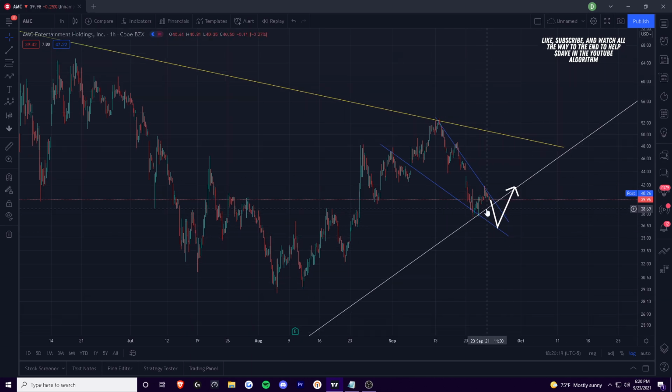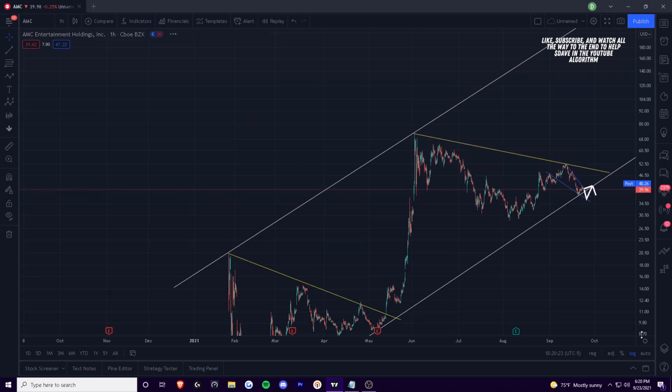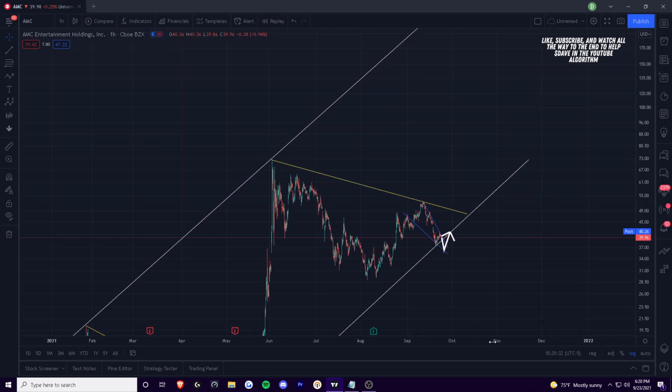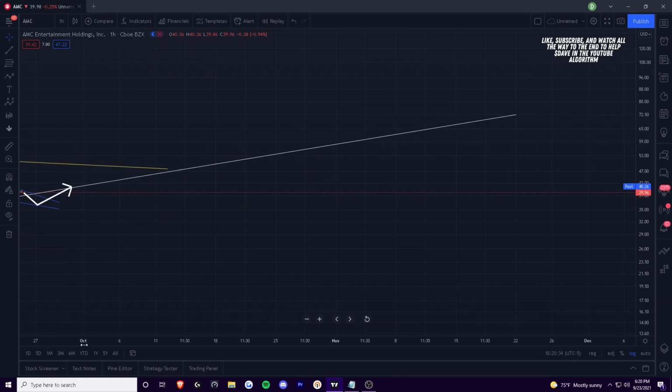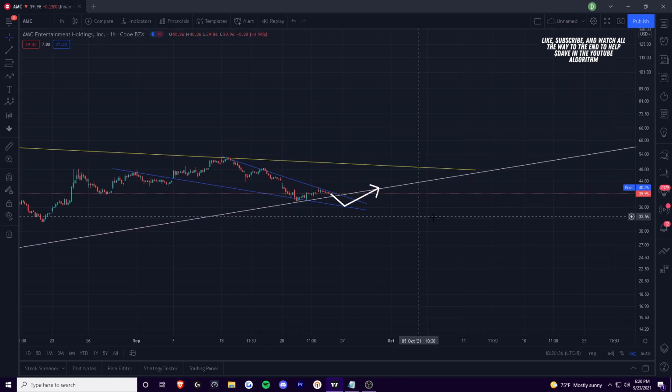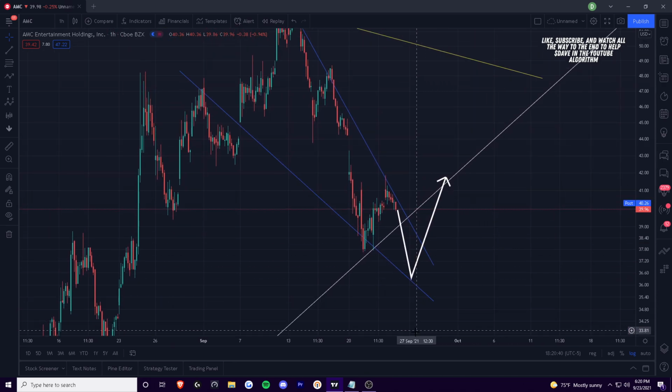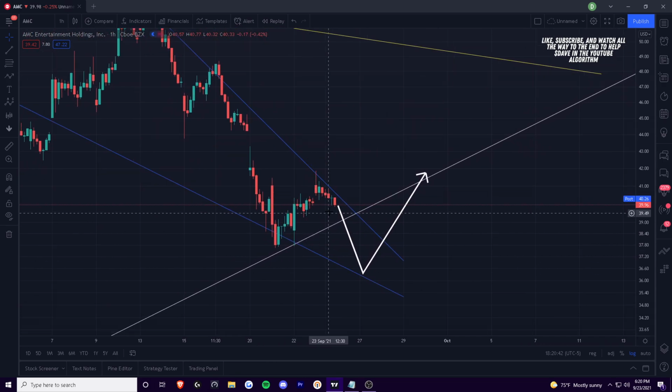I did personally buy in this golden pocket, and I do want to say that this wedge also runs into our long-term bull trend that I've been charting. We've found support on that bull trend, and we're actually approaching back to it, if you take a look here.